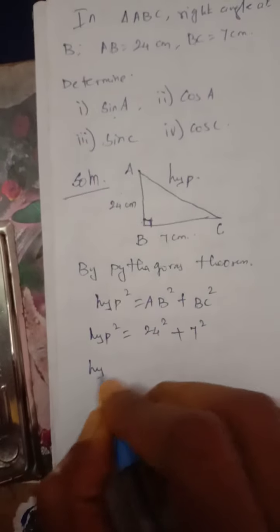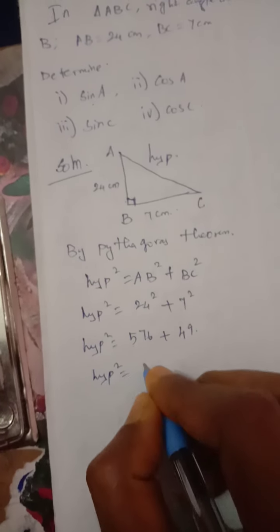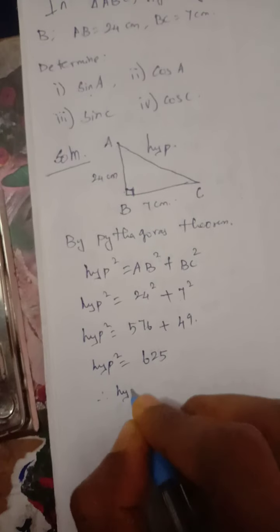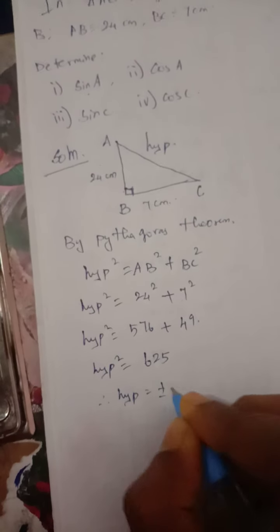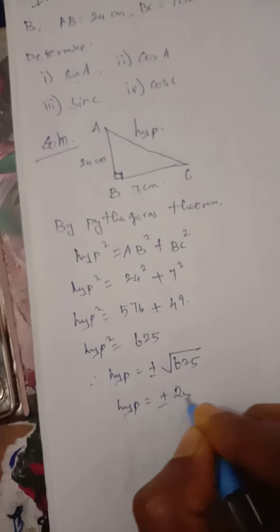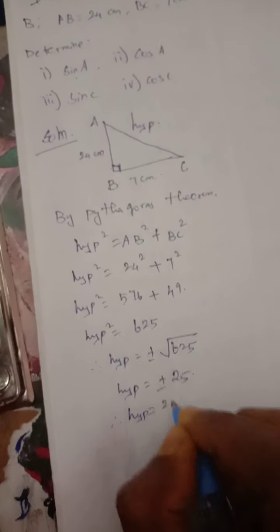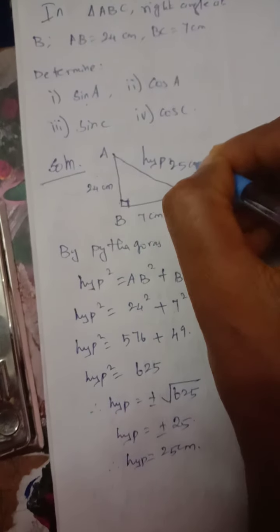So hypotenuse square is equal to 576 plus 49, which is 625. Therefore, hypotenuse is equal to plus or minus square root of 625, which is plus or minus 25. Therefore, hypotenuse is 25 centimeter.